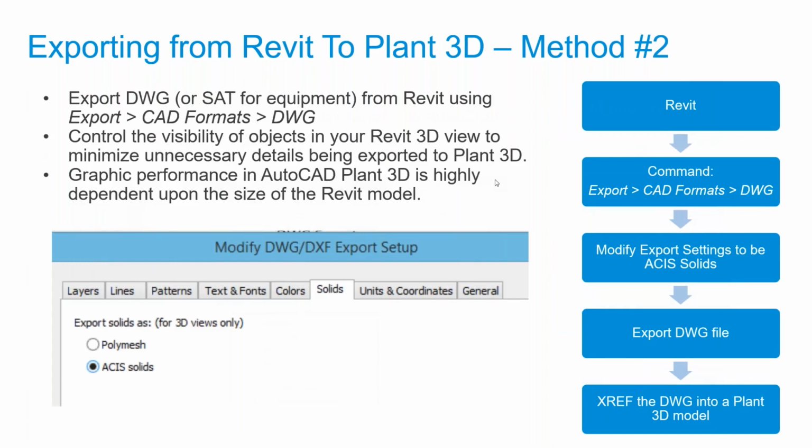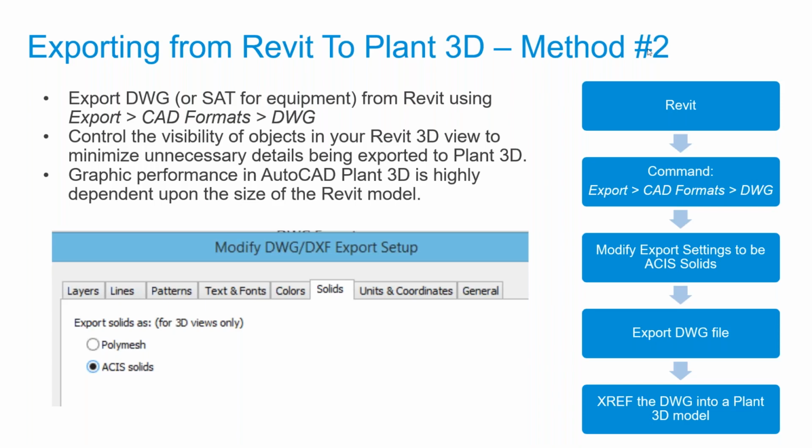That's why what you want to do is use Revit to Plant 3D as a DWG, where you go in Revit and export CAD formats, DWG.